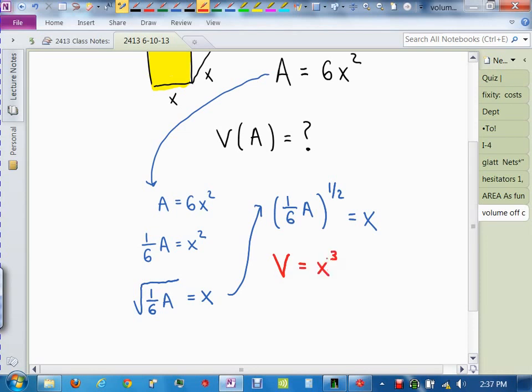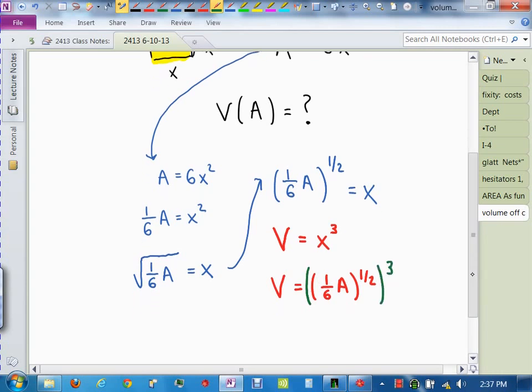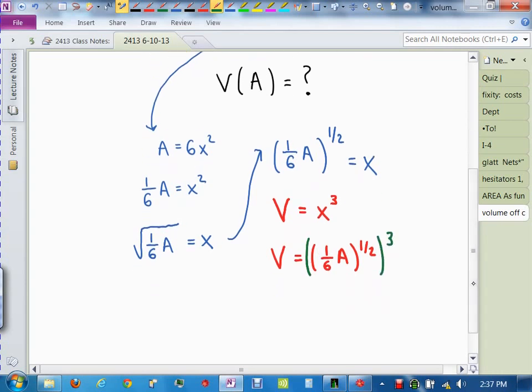It was x cubed. But now the volume is actually, what was x? It's 1/6 A to the 1/2. But then what are you going to do with that? Cube it, right? Y'all see what I did there?